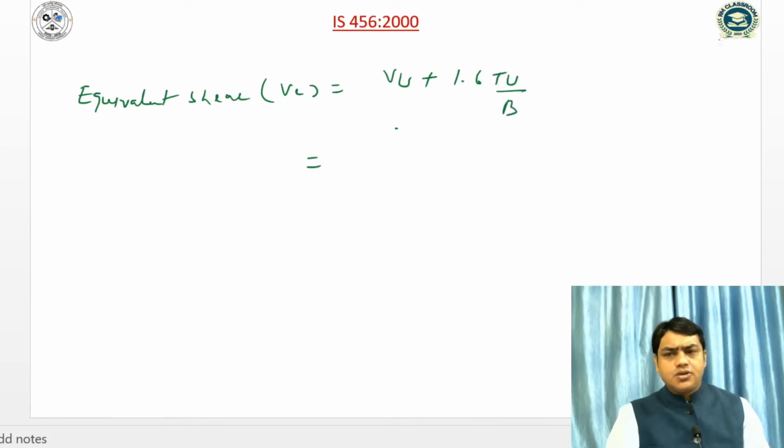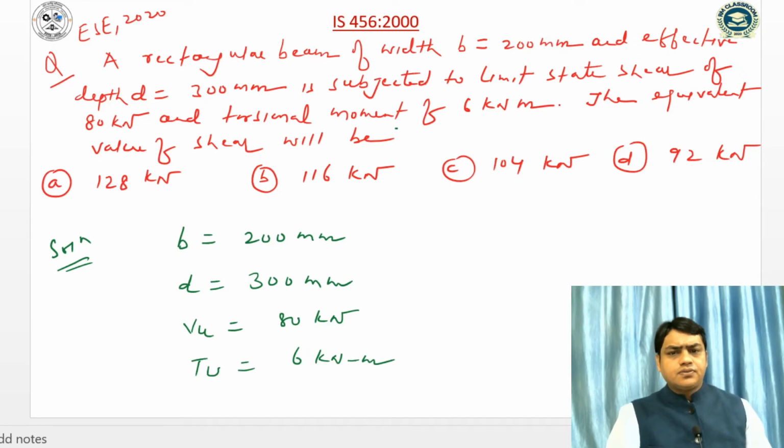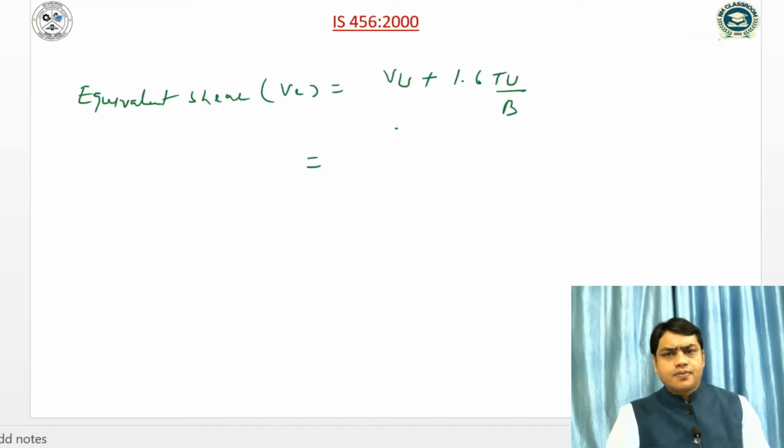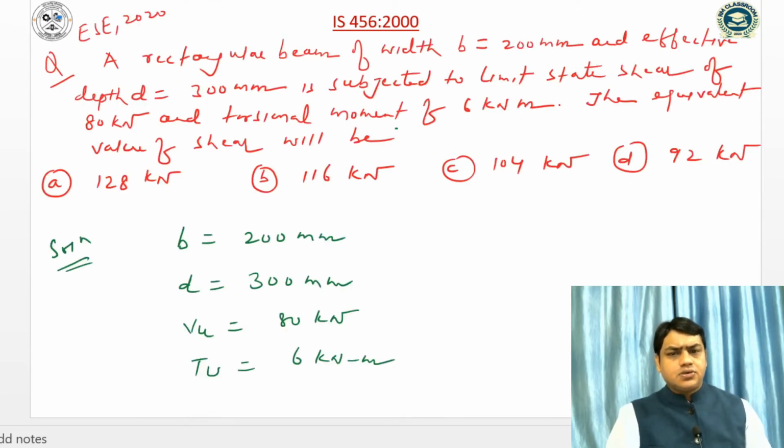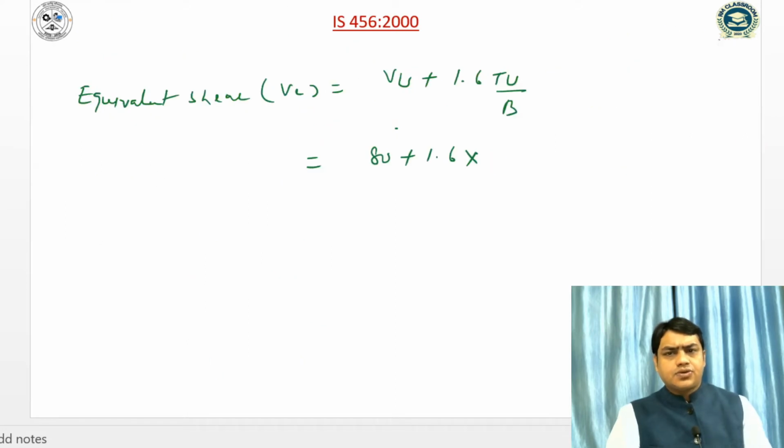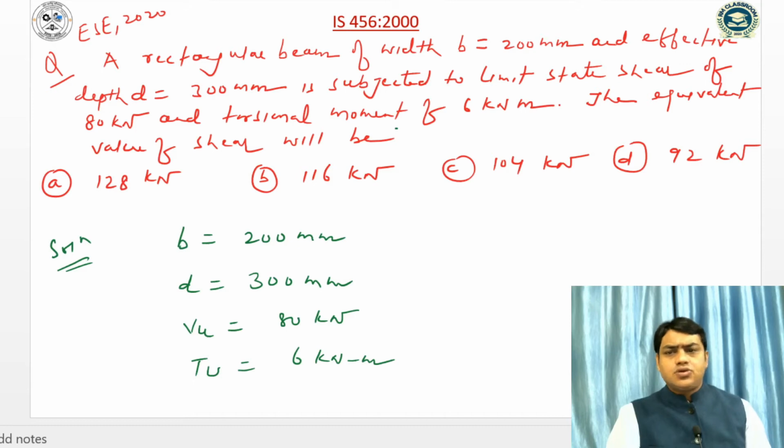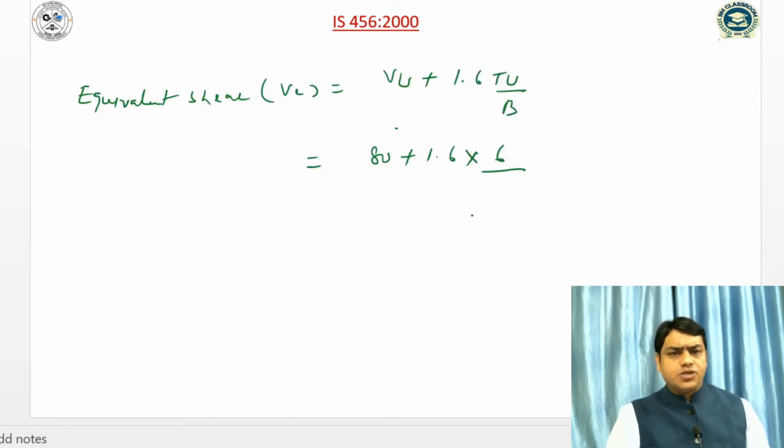So VU is 80 plus 1.6 into torsional moment, 6 kilonewton meter. So 6 divided by width of the beam, 200 mm, so it is 0.2 meter.